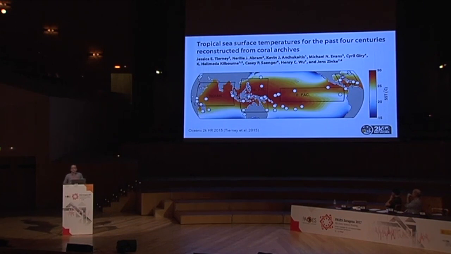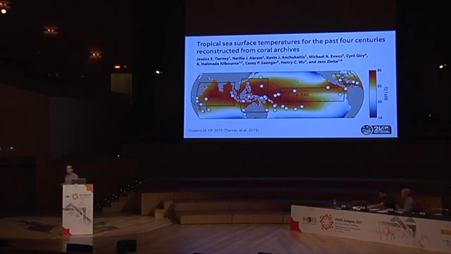So the second set of data I want to show you actually come from Pages 2K work done by the Oceans 2K High Resolution Group, led by Jess Tierney. In this, we used a network of coral data, you can see here in the white circles, to reconstruct annual sea surface temperatures in four boxes: a West Atlantic, Eastern Pacific, Western Pacific, and Indian Ocean box.